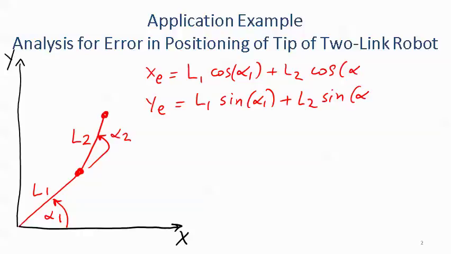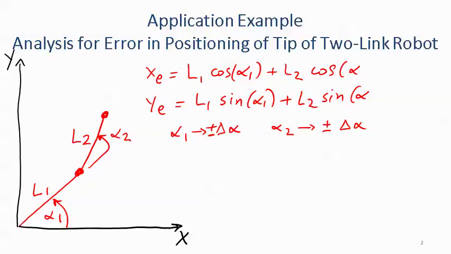If now we have an error in our measurement where alpha 1 has an error delta alpha, so we'll have plus minus delta alpha, and alpha 2 has an error plus minus delta alpha. So here we assume that both errors in positioning in rotation are the same.